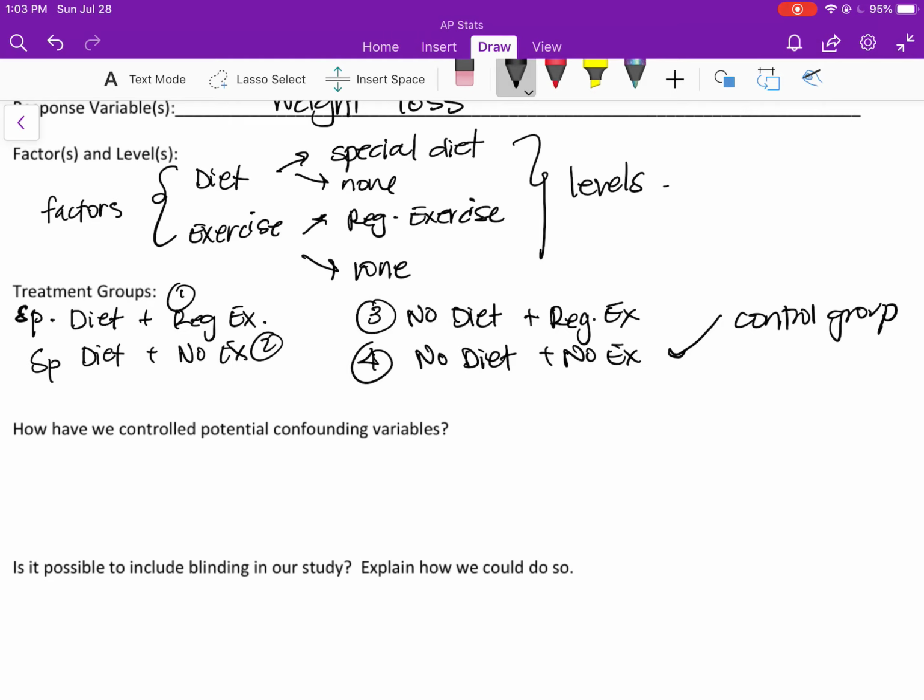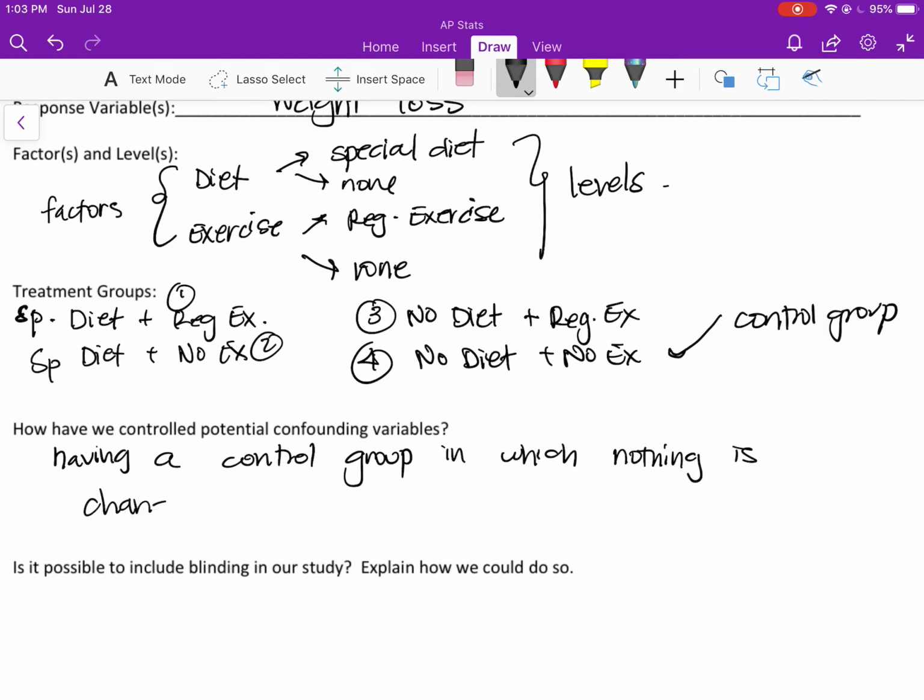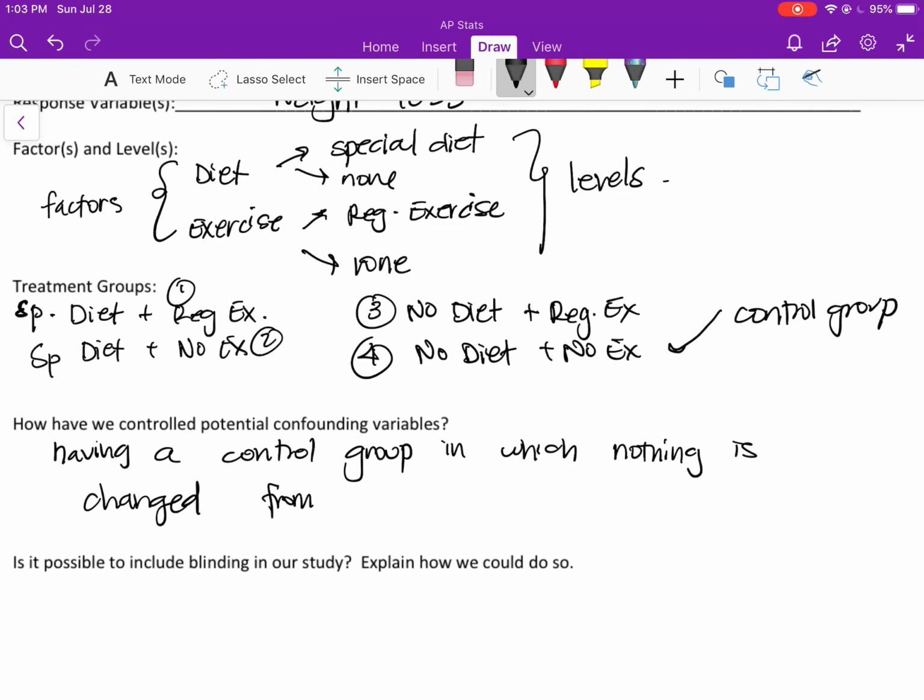So we did this by having a control group in which nothing is changed from their regular diet and exercise.